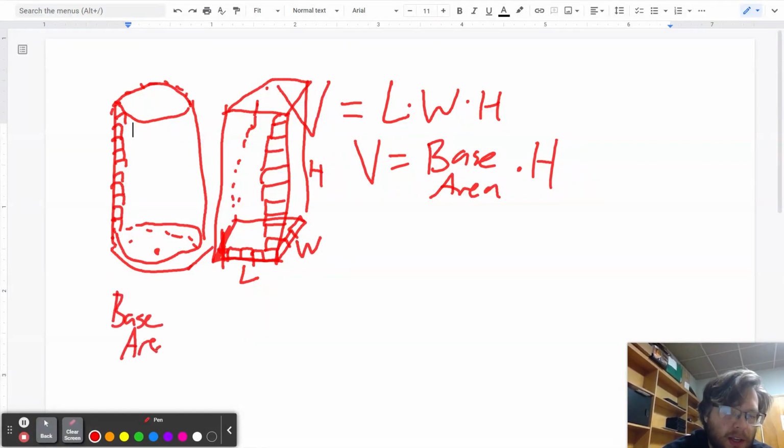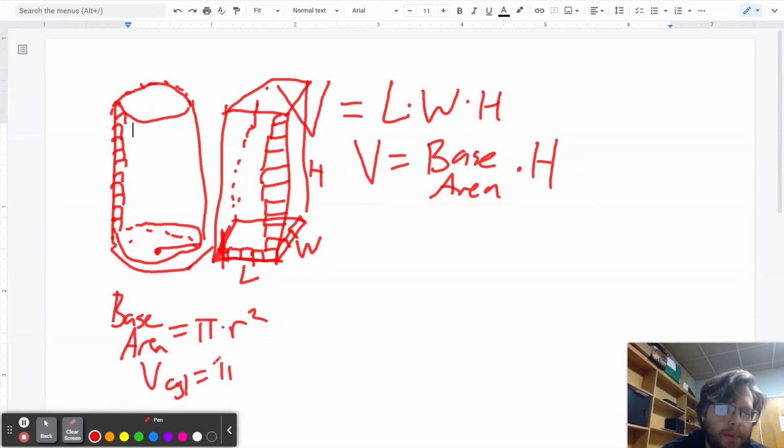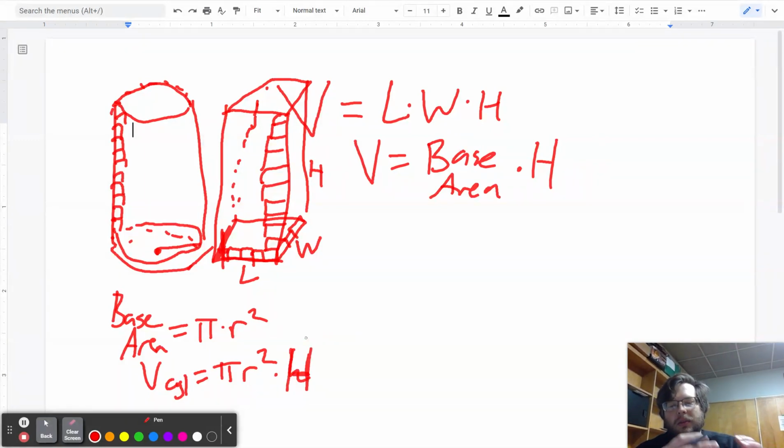So the base area is just going to be pi times the radius squared, like that. And so the volume of a cylinder is just pi times radius squared, multiplied by the height. You could use a lowercase h, use uppercase H, I don't really care. The idea is that you're making one layer at the bottom, pi r squared, and you're stacking those up on top of each other.